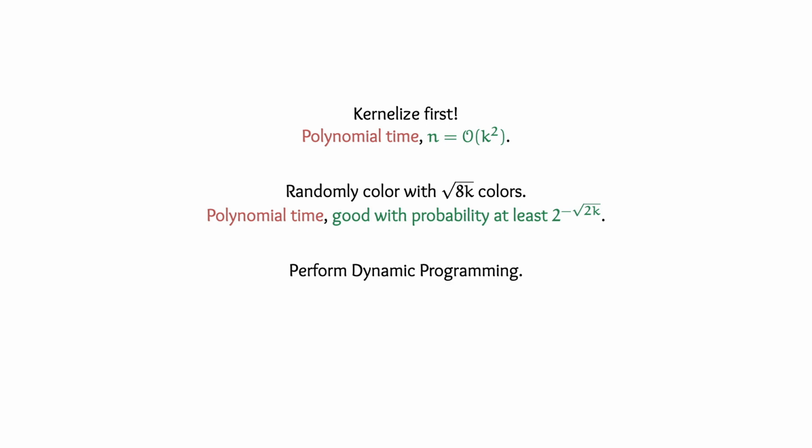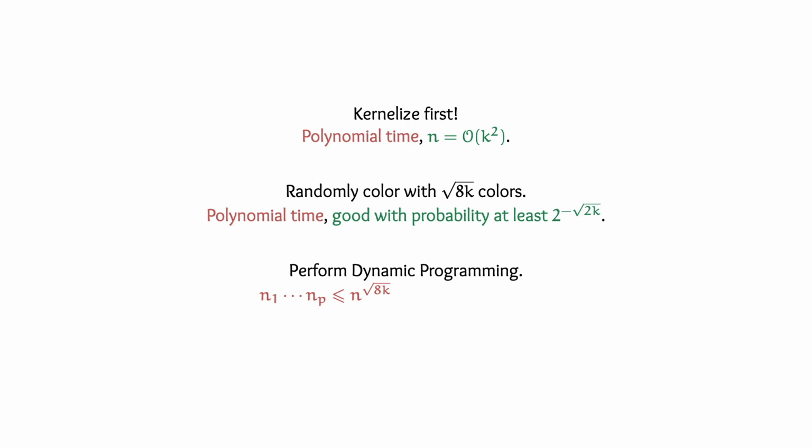From here, what we are going to do is apply our dynamic programming algorithm, and we know that this is going to take time proportional to the product of the sizes of the parts, and we also know that the number of parts is exactly the number of colors that we use. So p is root 8k, and if we loosely upper bound each of the n_i's with n, then we can say that this is at most n to the root 8k.